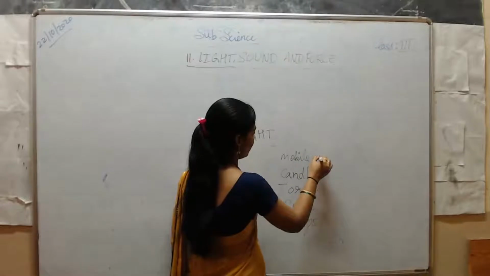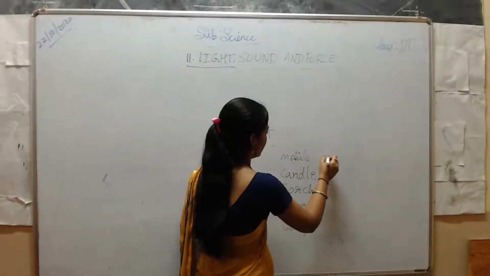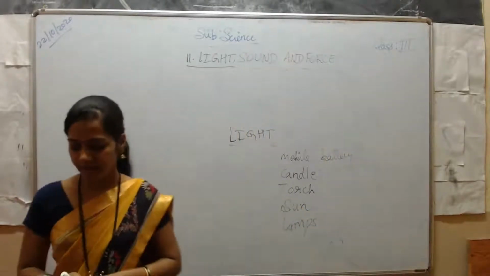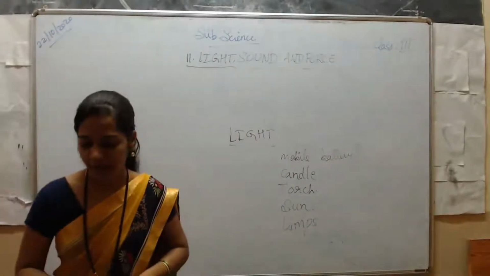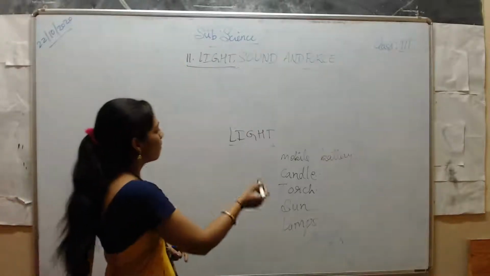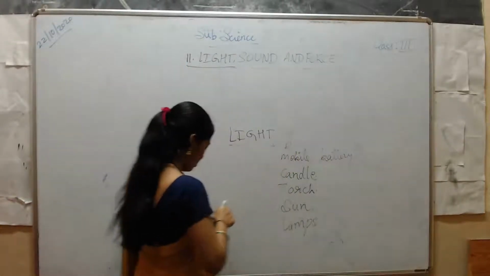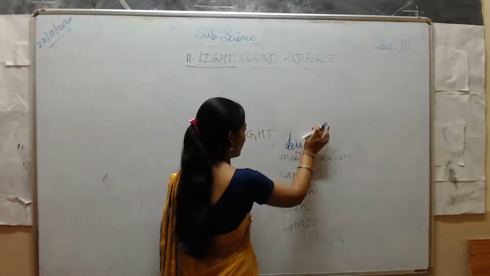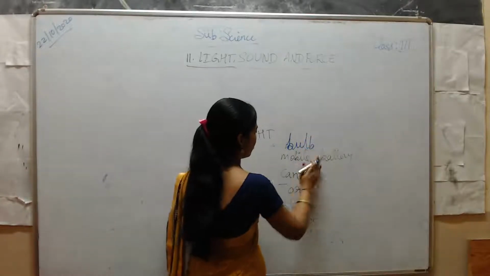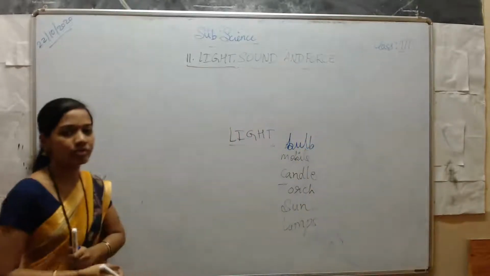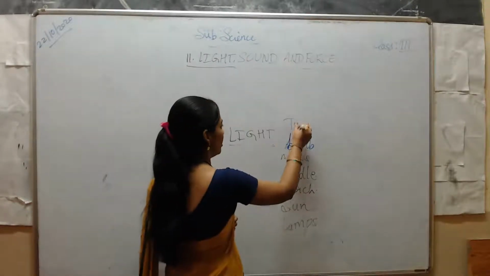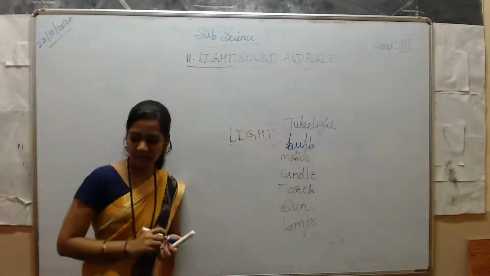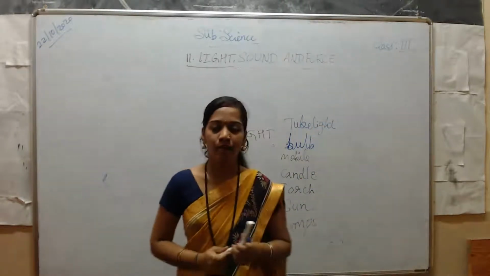So many things are there from which light comes. Next, earthen lamps, bulbs, and tube lights. From all these things, light comes out.